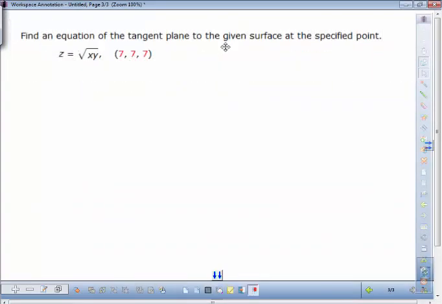So it says to find an equation of the tangent plane to the given surface at the specified point. The specified point is 7, 7, 7.